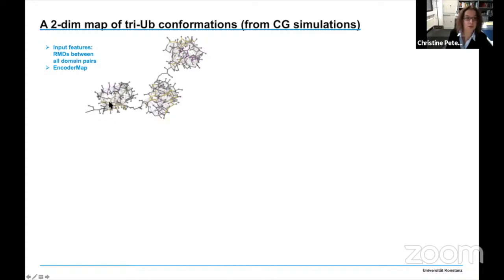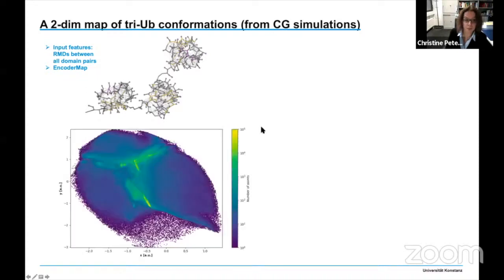So 72 residue-wise minimum distances, so 144 in total, to describe the touching of subunit 1 to subunit 2, RMDs to describe the touching of subunit 2 and 3 and 1 and 3. And we've been using EncoderMap to process this whole thing.